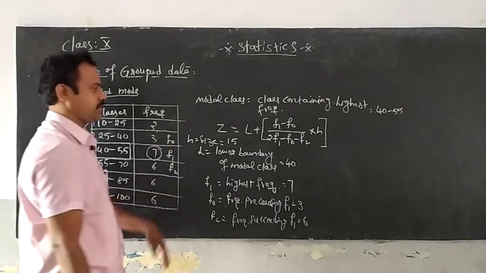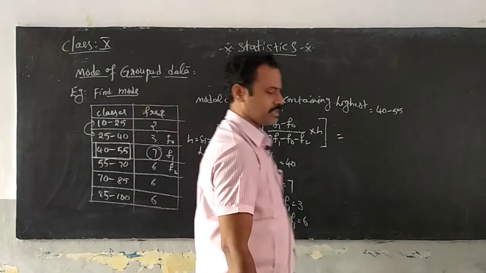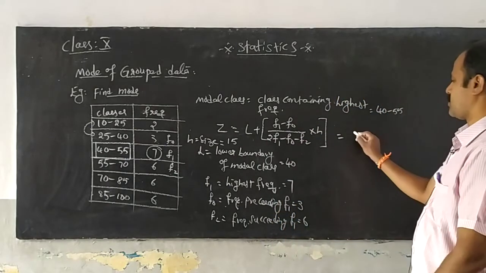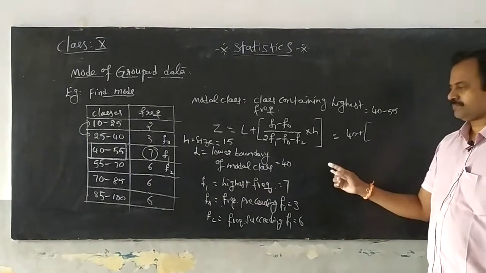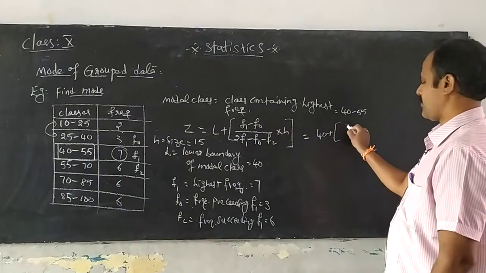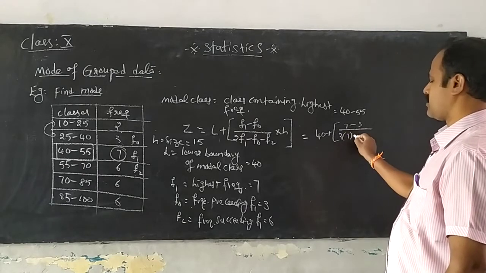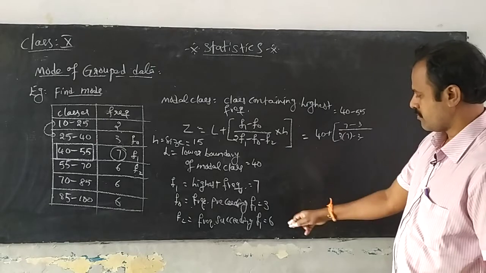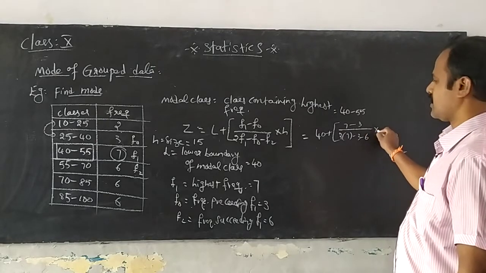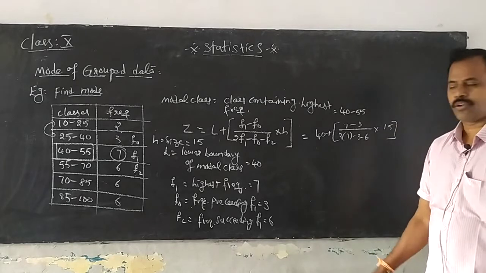Now we substitute the values. L is 40. So we get 40 plus (7 minus 3) by (2 into 7 minus 3 minus 6) into H, and H is 15.